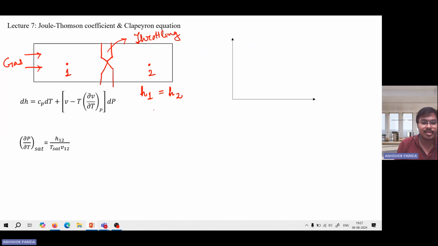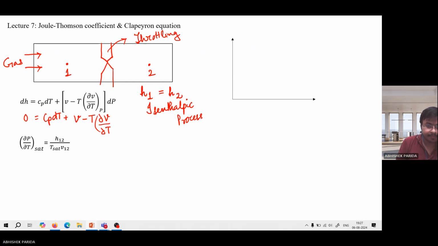This is an isenthalpic process as enthalpy stays constant. Now we make this 0: Cp dT plus V minus T dou V by dou T.